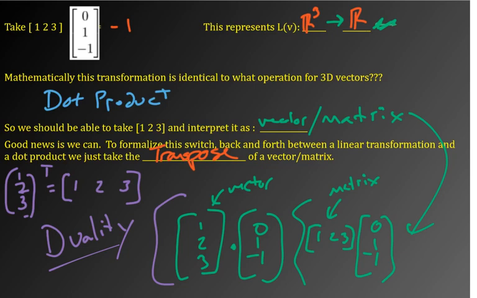Or if I take parentheses around this and take the transpose of the transpose, then these cancel. And so you can think of it as taking the transpose of a matrix and getting a column vector like that. So that's a really quick rundown. There's a lot going on here that I could talk about, but this is some deeper math definitely. But basically vectors and matrix multiplication are synonymous. And so there's an operation called a transpose that lets me switch back and forth.